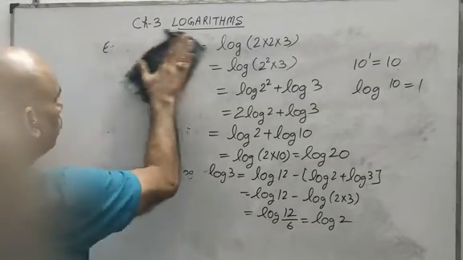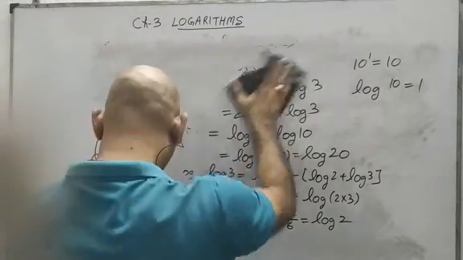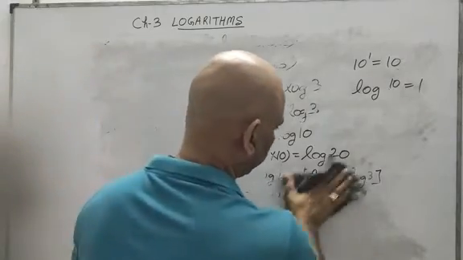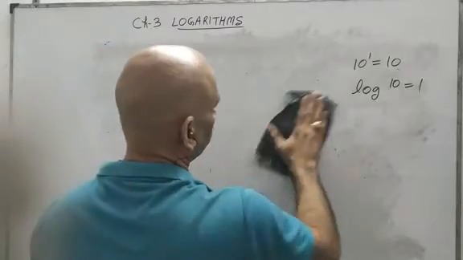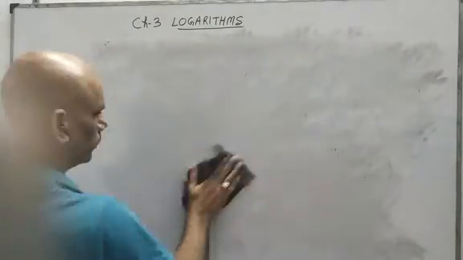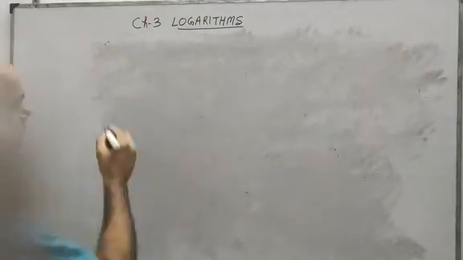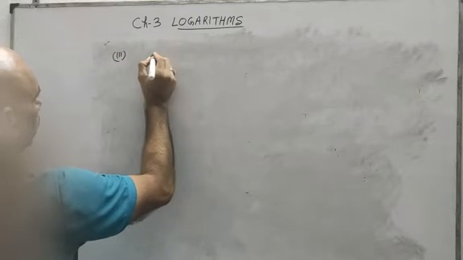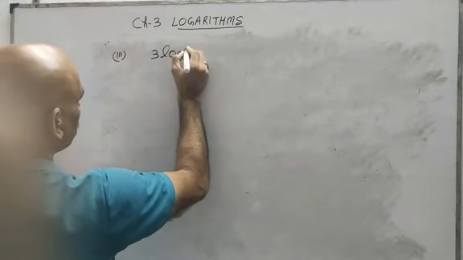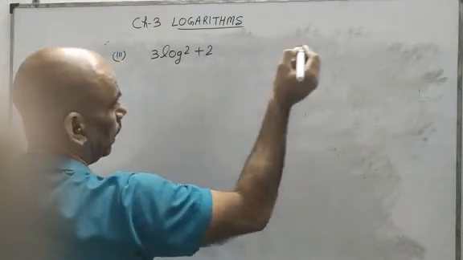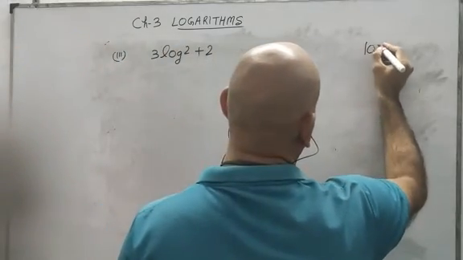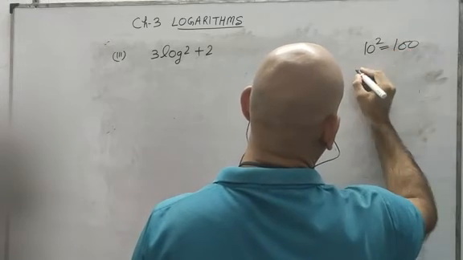Thereafter, let us solve a few more examples. The third part I am solving for you: 3 log 2 plus 2. Like that only, 10 to the power 2 is equal to 100.